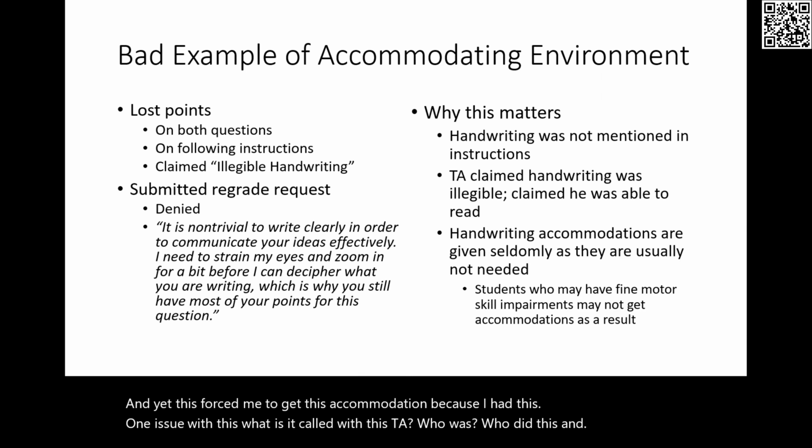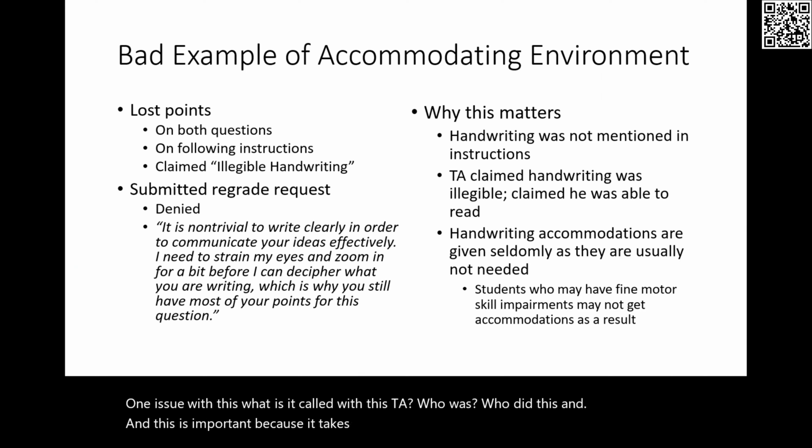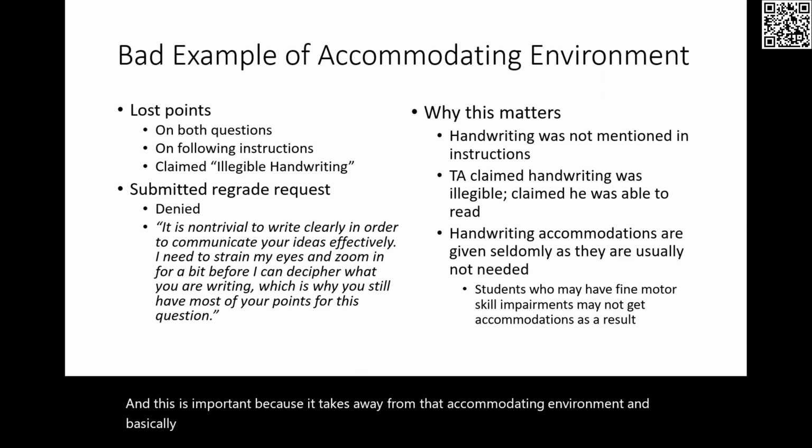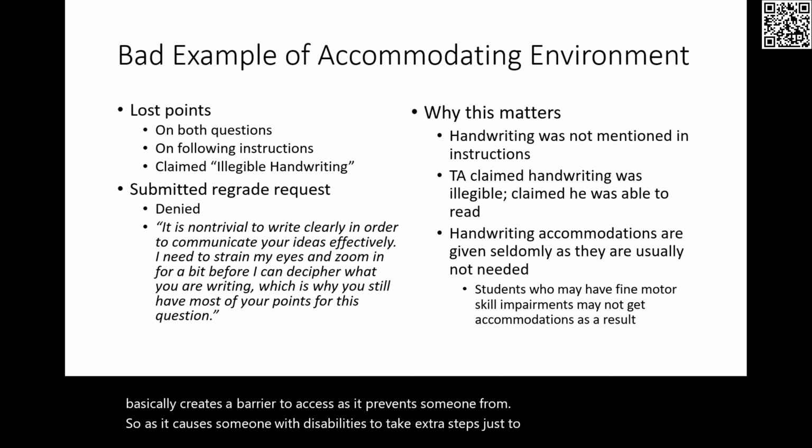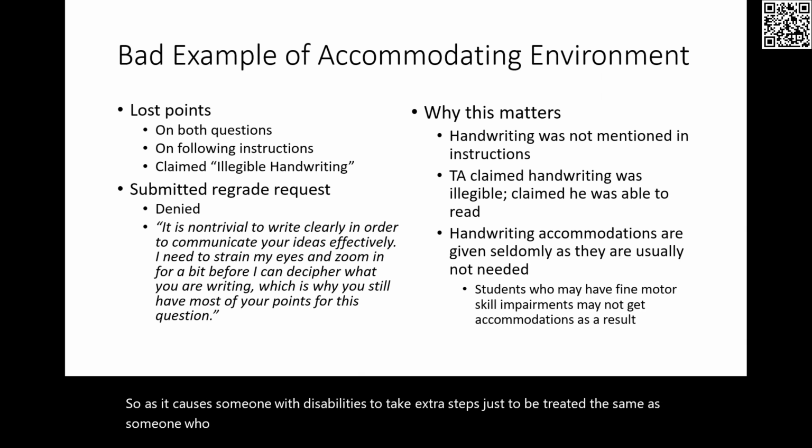This is important because it takes away from that accommodating environment and basically creates a barrier to access, as it causes someone with disabilities to take extra steps just to be treated the same as someone who would not have this disability.